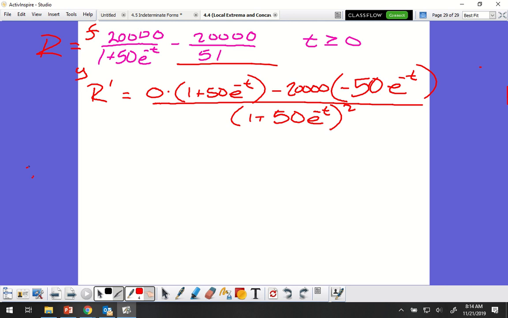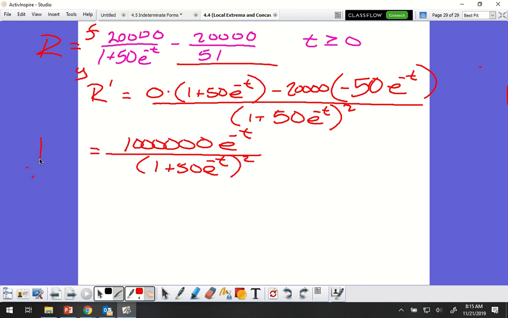The two negatives make a positive, so I'm going to have a positive right there. 20,000 times 50 is 1 million, times e to the negative t, and that's all over 1 plus 50 e to the negative t, squared. This is my r prime.